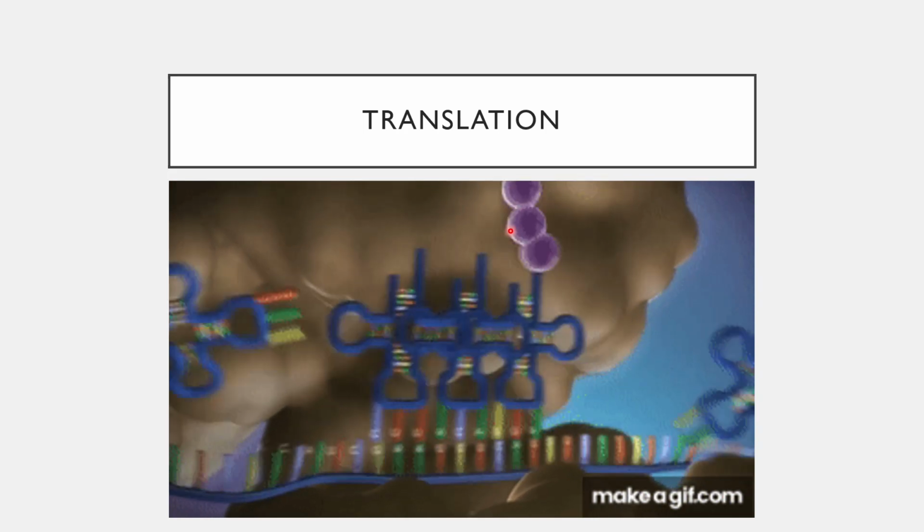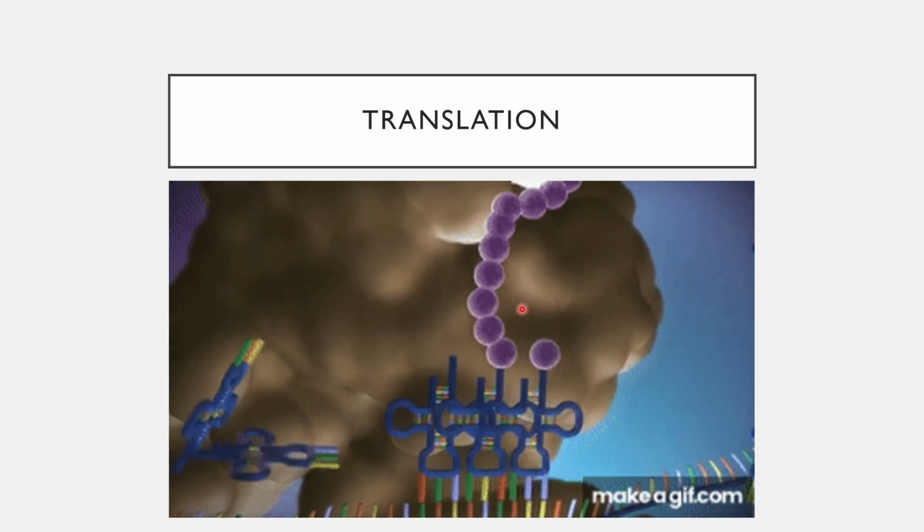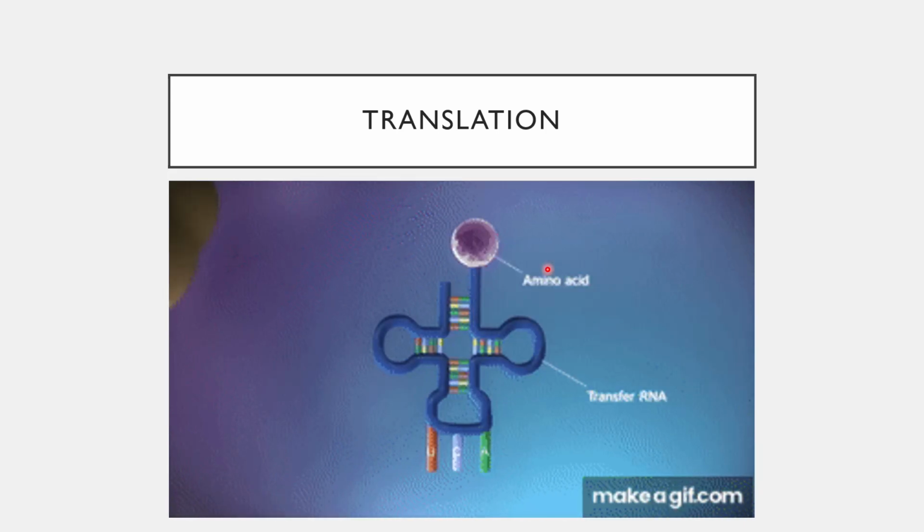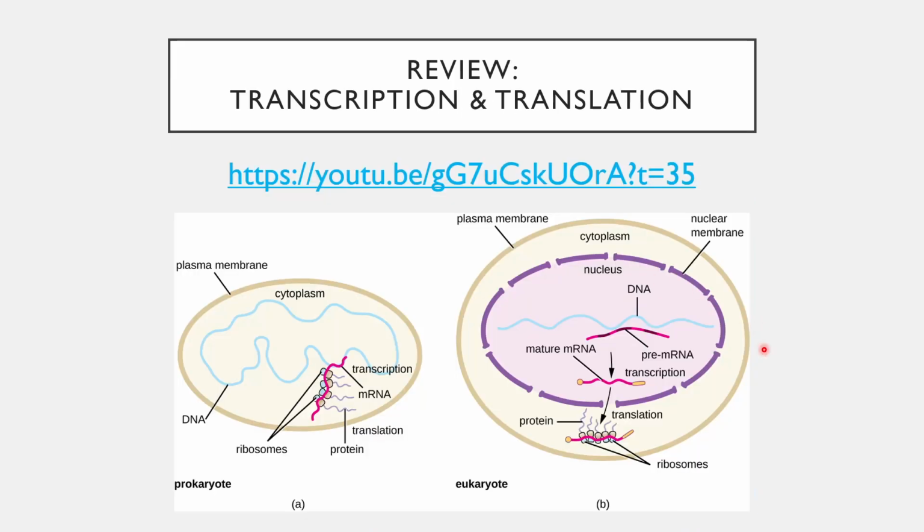So I've done my best to show you animations of these processes happening on our previous slides, but the video that you see linked here actually includes transcription and translation happening together in sequence. So I encourage you to go to the slides and click or go to this YouTube link and take a look at this video, because it shows you the continuous process of transcription to translation.